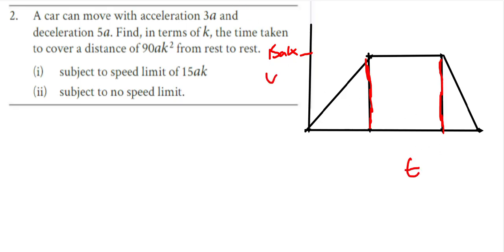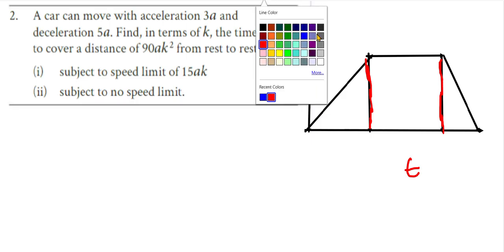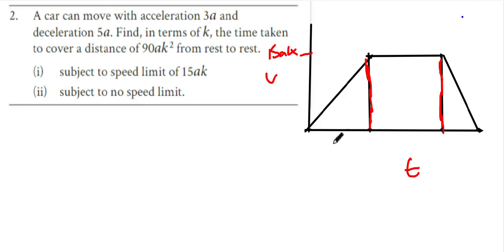Now, would everybody be happy with the following? That I will, for argument's sake, call this time 5x. And I'm going to call the deceleration time 3x. Does everybody know where I got that from? You reverse the ratio of the acceleration and deceleration into a reverse ratio.